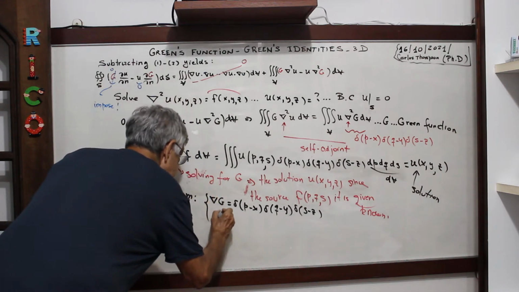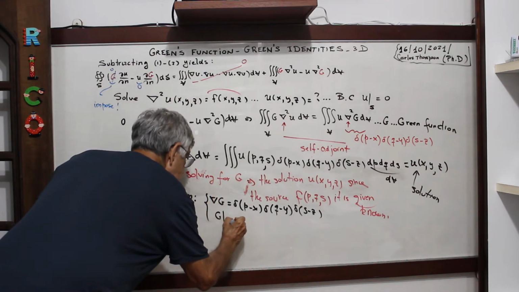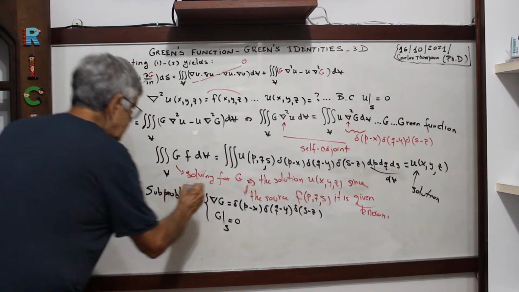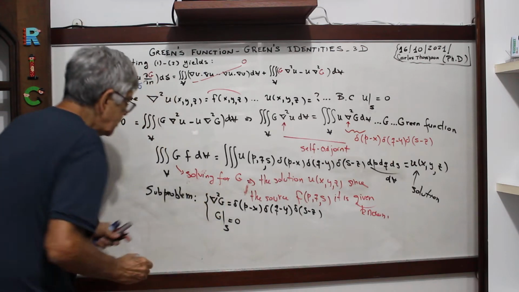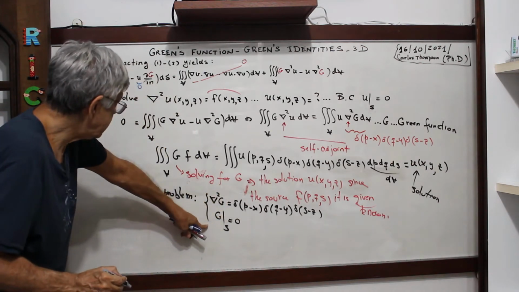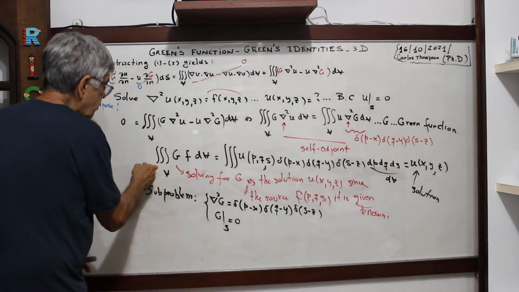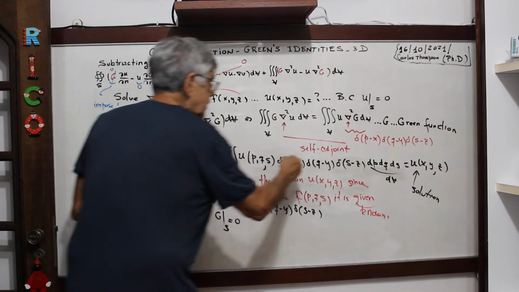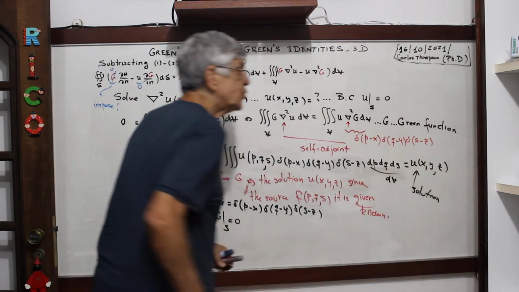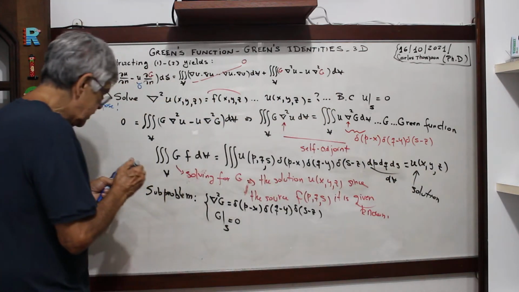Now, G of S is equal to 0. This is Laplacian. So, I solve for G, and plug into this integral over here, and I get the solution. You see? That's the idea.